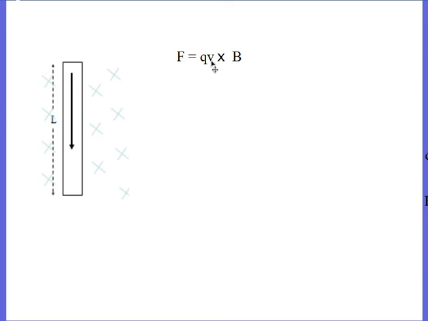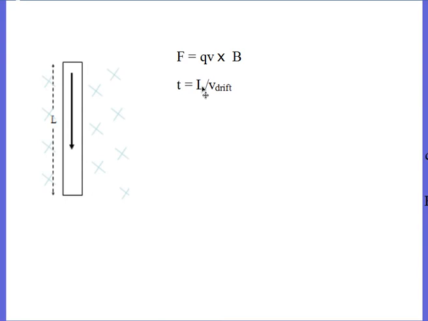Given that you are moving at this velocity, how long would it take for a charge to move that distance L? What is the time to go L moving at that velocity V? And you write down that formula. T equals. Then you start the show again, and that was not much of a challenge, was it?